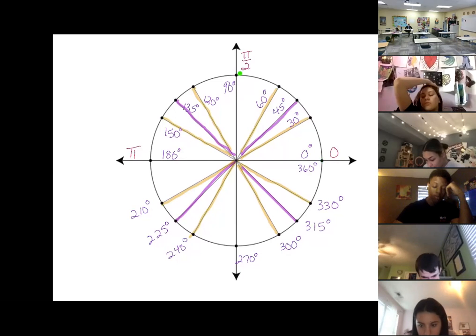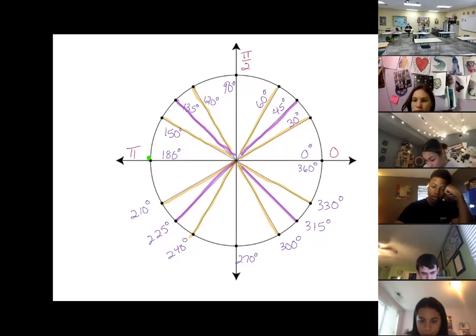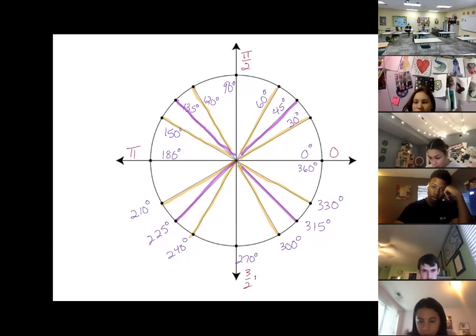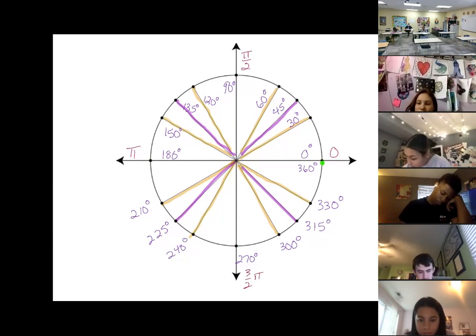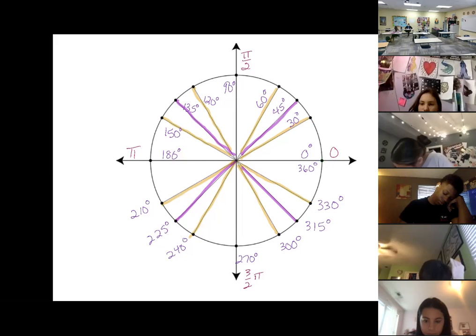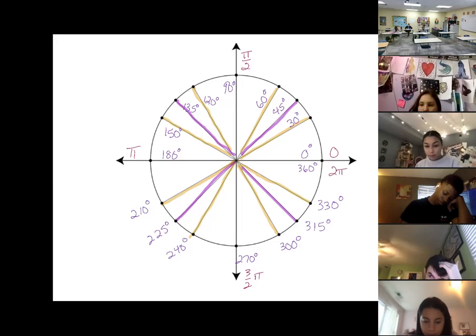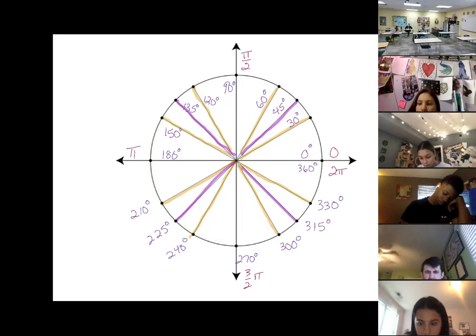So 0, 1/2 pi up here, 2/2 pi, 3/2 pi. Okay, and then this would be 4/2, but 4/2 is really 2. So if halfway around is pi, then the whole way around is 2 pi.